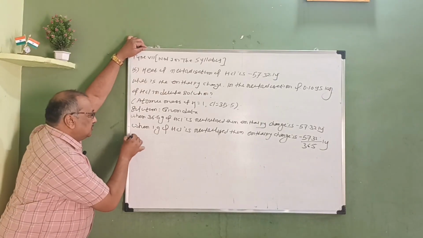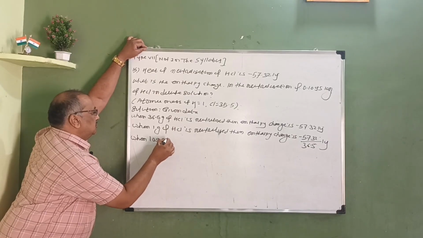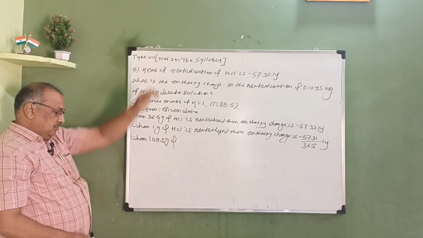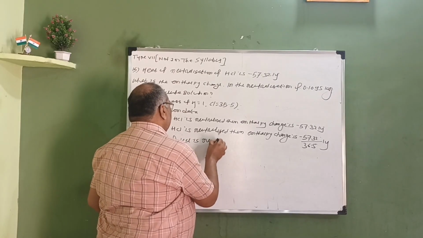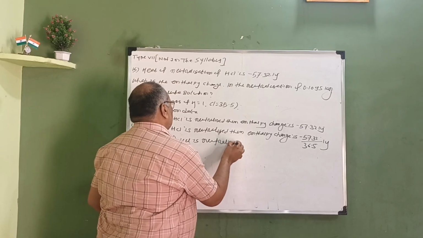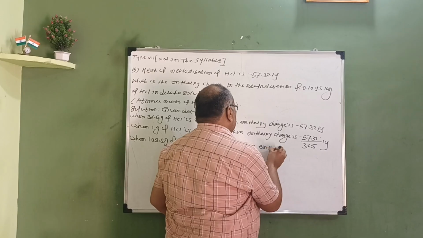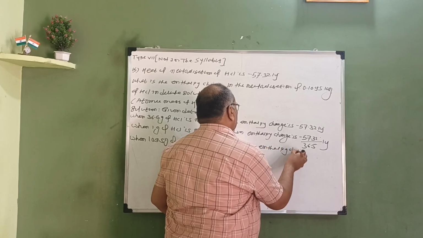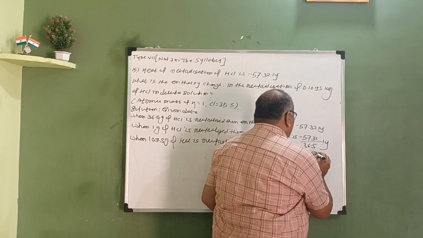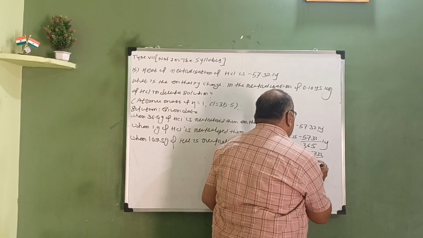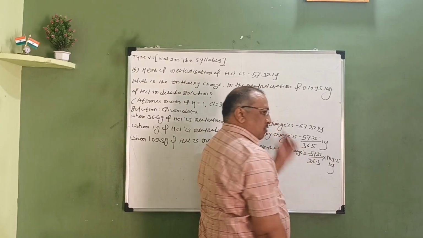When 109.5 gram of HCl is neutralized, then enthalpy change is minus 57.32 upon 36.5 into 109.5 kilojoule.